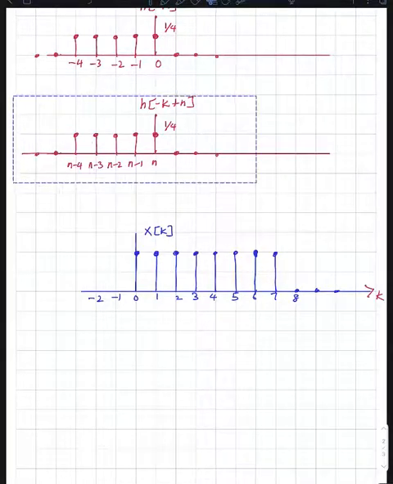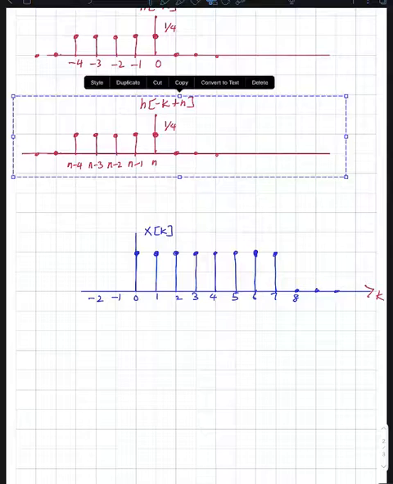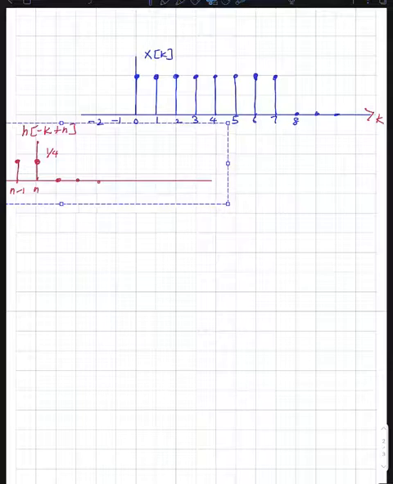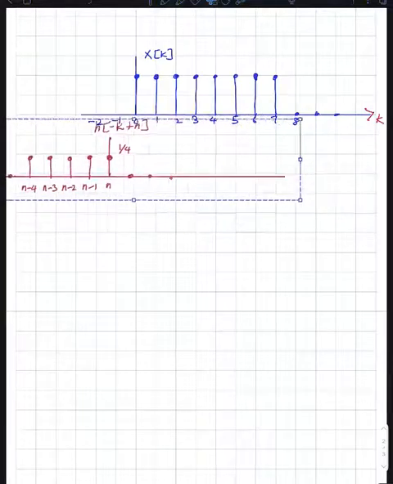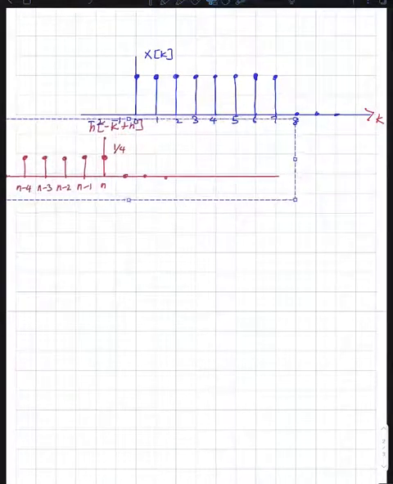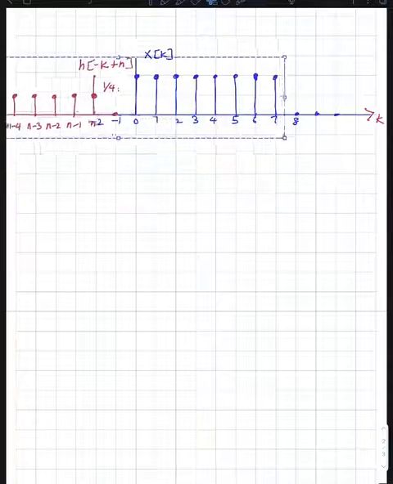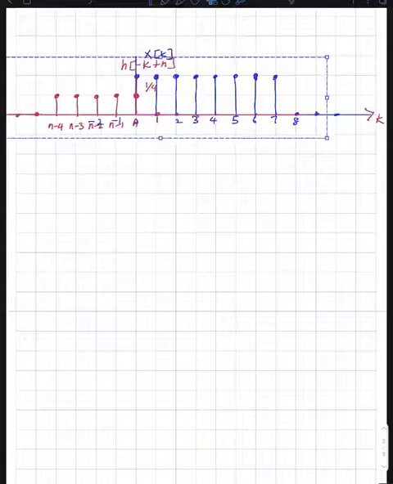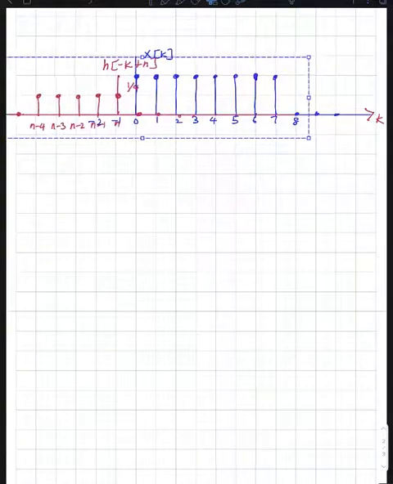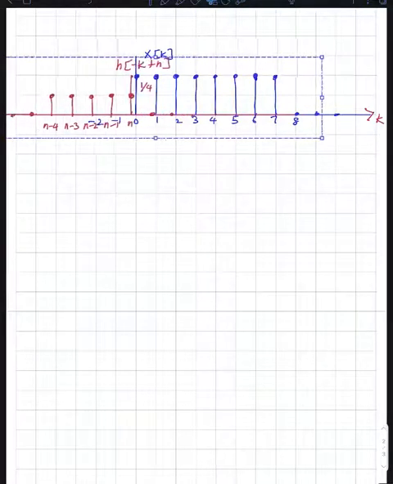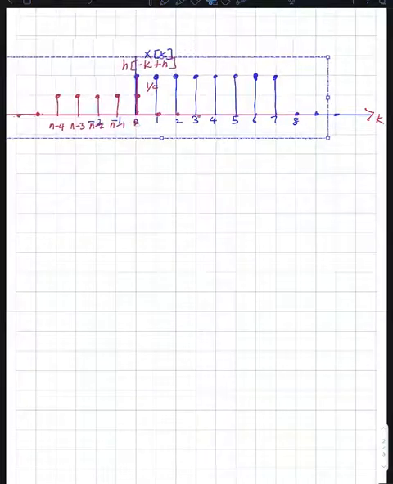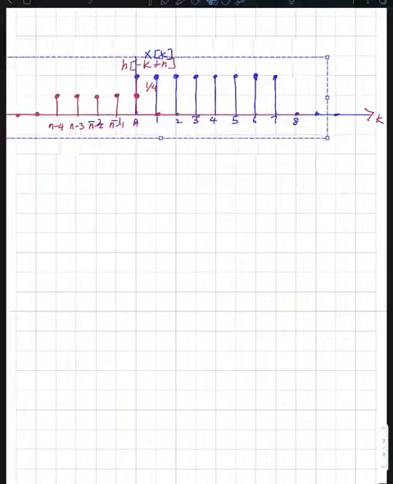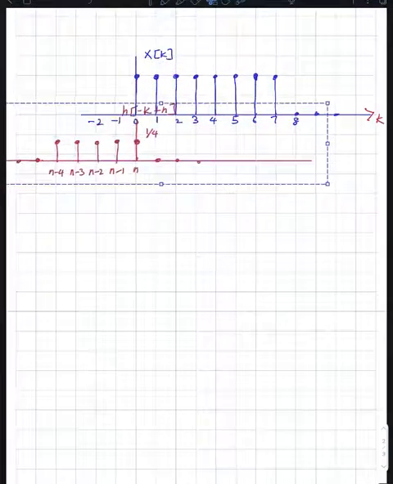Next we're going to slide this over to complete the convolution. If you slide this across x, at some point h[minus k plus n] and x[k] overlap right here. When n equals 0, the signals overlap.